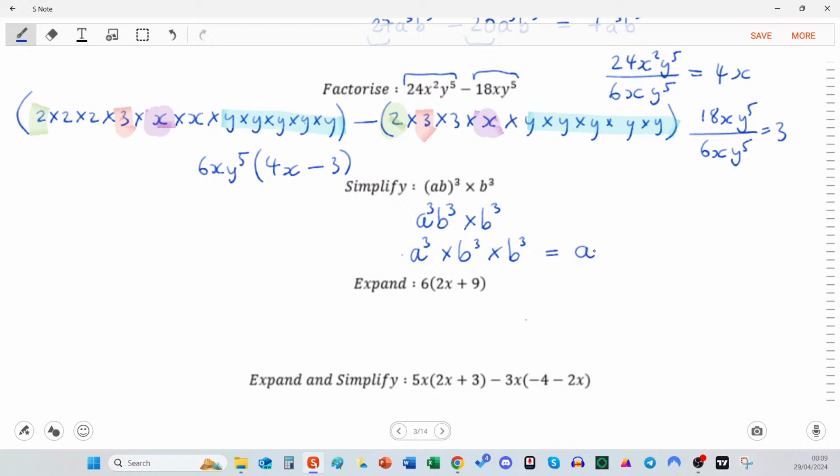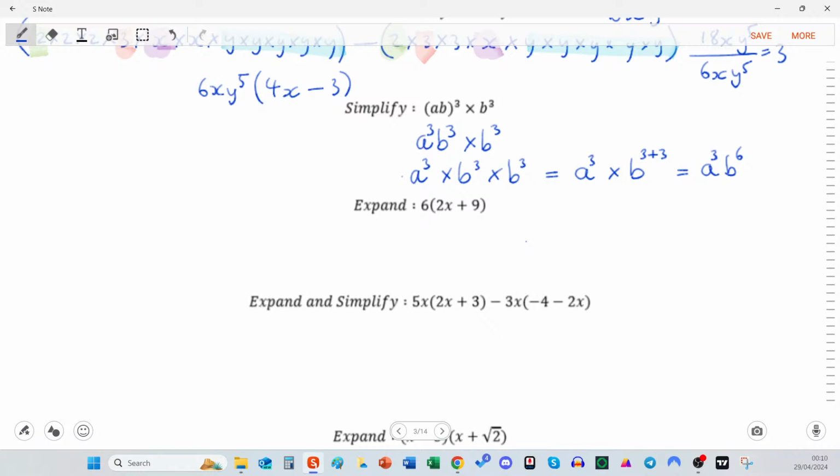So this becomes a to the 3 multiplied by b to the 3 plus 3. I write it out like that because it reinforces my memory of how this works. You could do it too. That becomes b to the 6. There you go. You've simplified it because now there's only one a and one b.